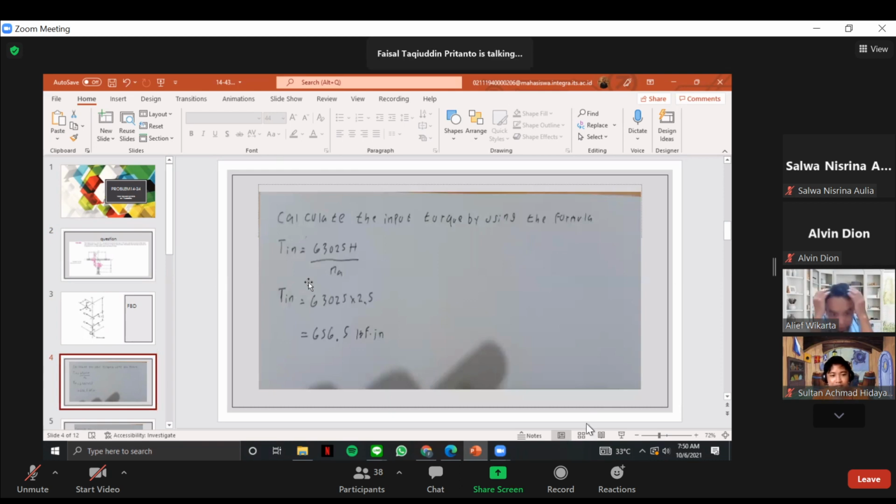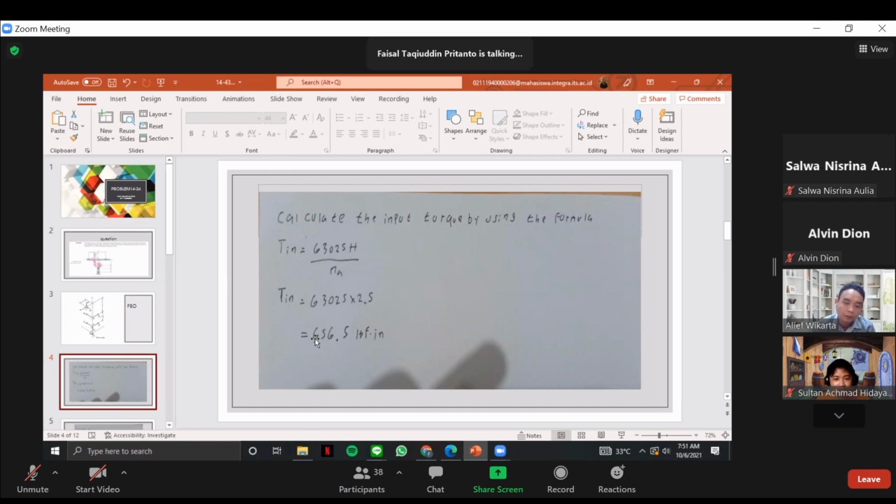For the first, we calculate the input torque by using the formula. The formula is T_in equal 63,025 H per n_A. So H is the power and n_A is the speed of the pinion.